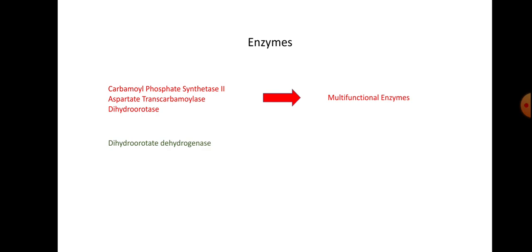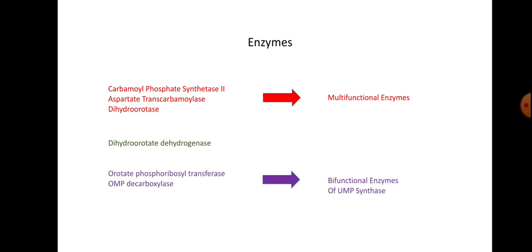So, O2. The first one being orotate phosphoribosyl transferase. The 6th one is uridine monophosphate decarboxylase. And these are part of a bifunctional enzyme, which is UMP synthase. And as said, the mnemonic is CAD-DHO2.